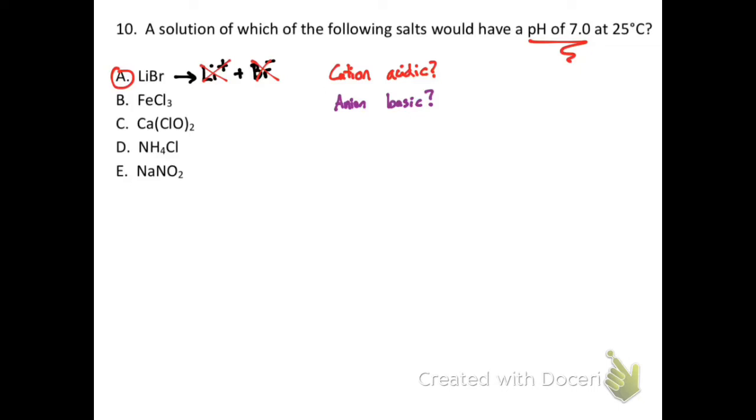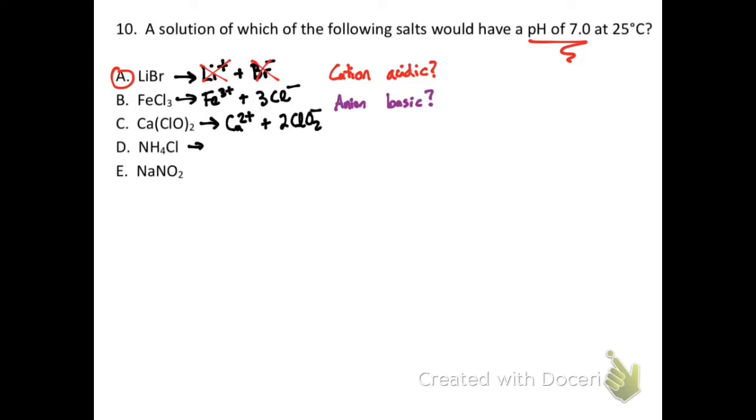So iron chloride would dissociate into Fe3+ and 3 chlorides. I'm going to show the dissociations first, and then we'll identify each one. Calcium chlorite would turn into calcium and chlorite.